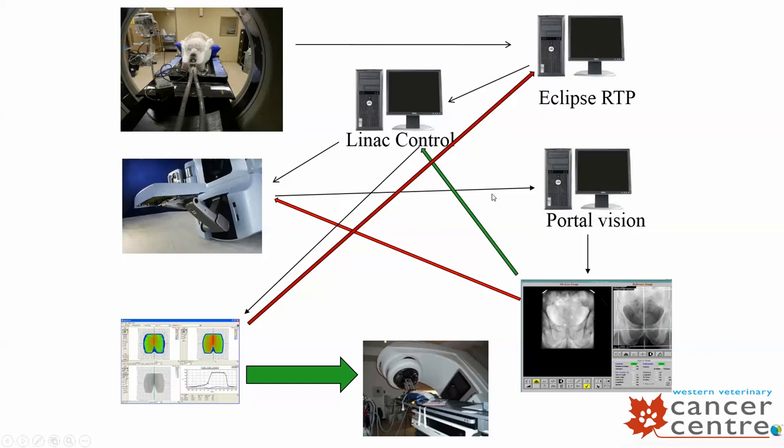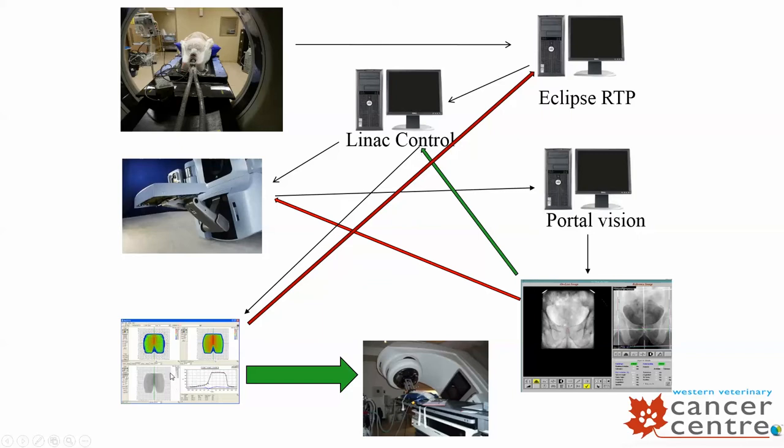So those images are sent to something called Portal Vision, and then that in turn sends it to a record and verify system. We use one called TheraView. There are lots of different ones. And what happens in this step is we compare our actual patient image with the predicted image and see if they match up. If they do, then LINAC control is notified that everything looks okay.